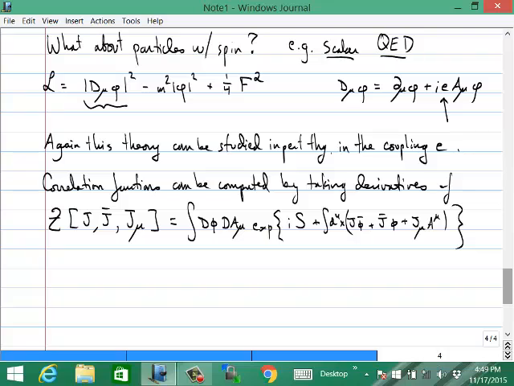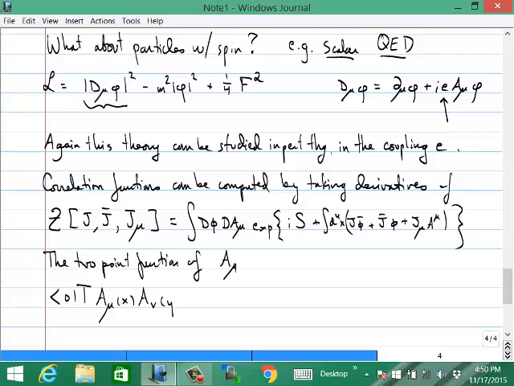So the first modification is that the propagator, the two-point function of the vector field A, is now an object that has two indices.